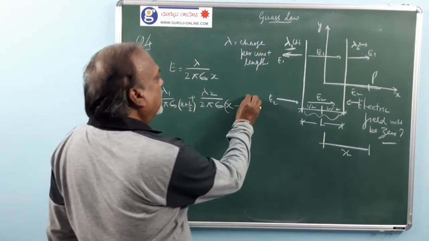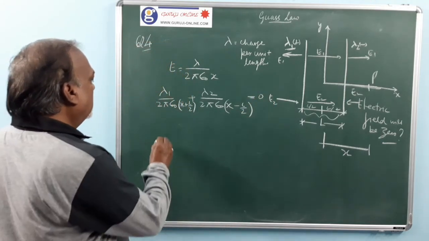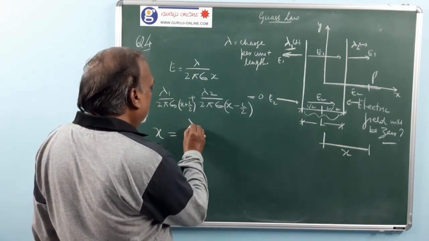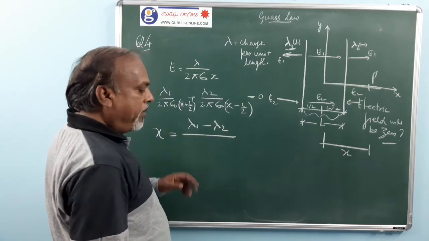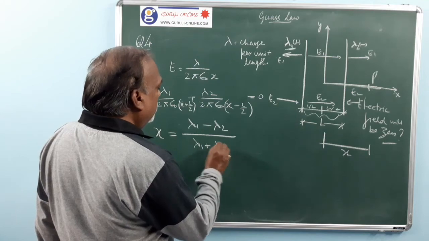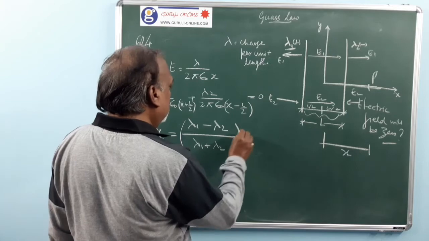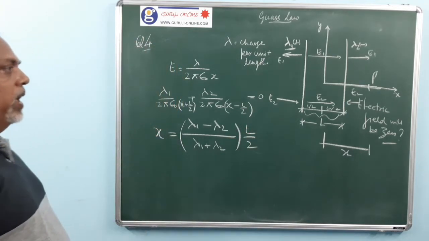We can equate this to 0, and if you simplify this, then x will come as (lambda 1 minus lambda 2) upon (lambda 1 plus lambda 2) into L by 2. So this is the x value.